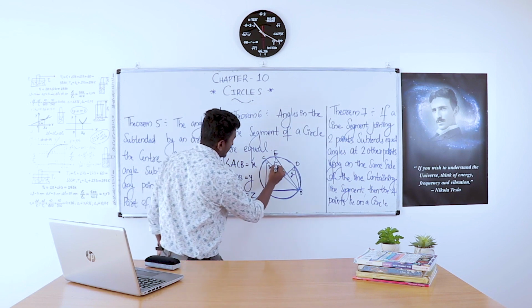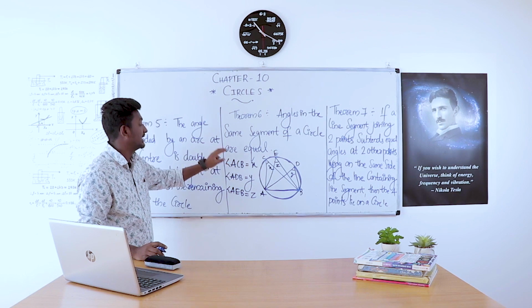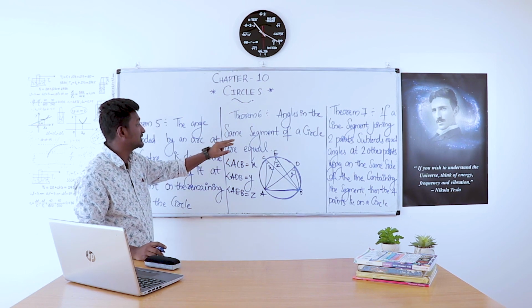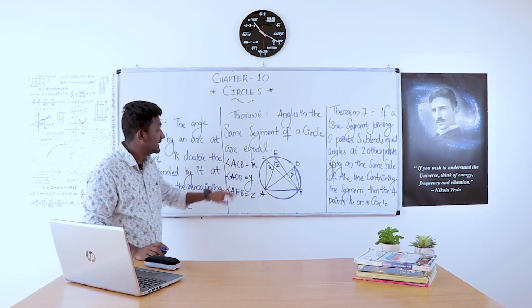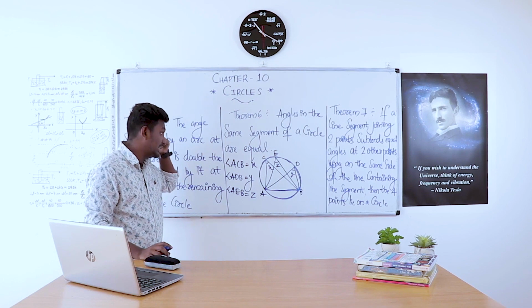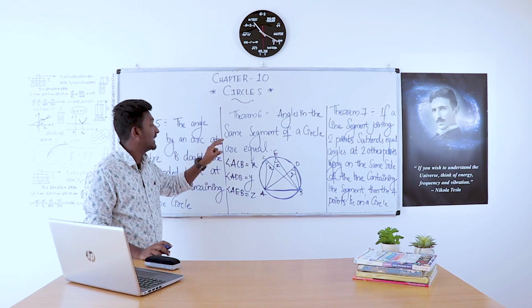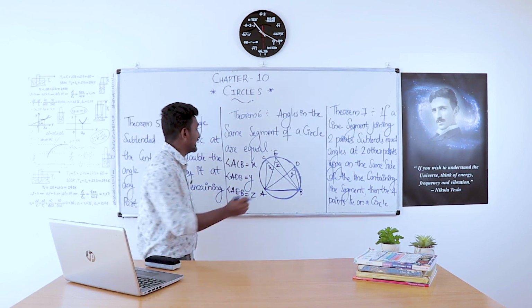Now this theorem is saying that angles in the same segment of a circle are equal. That means these angles X, Y and Z are lying on the same segment. Therefore, these three angles are equal.